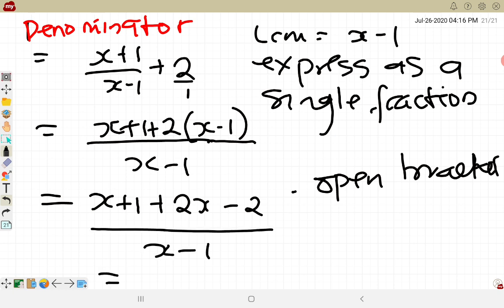Collecting the like terms, we have 3x minus 1 over x minus 1. That is the denominator.